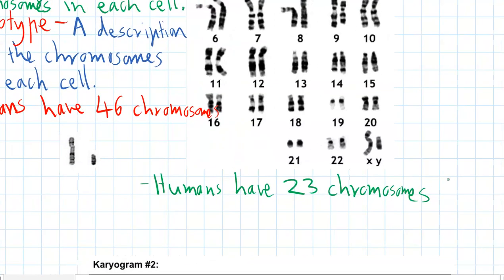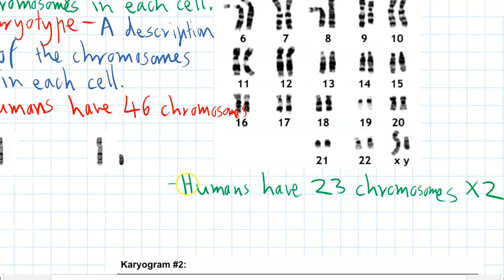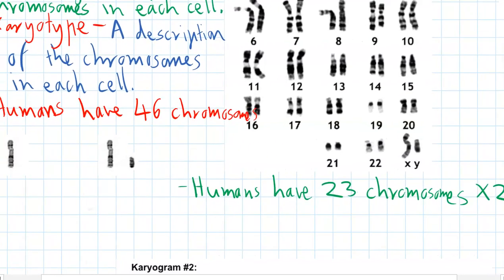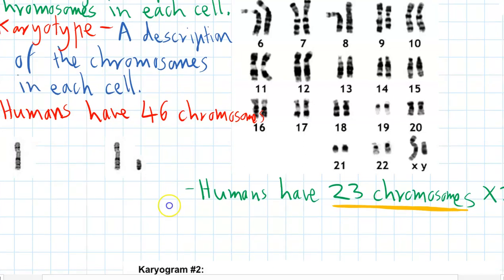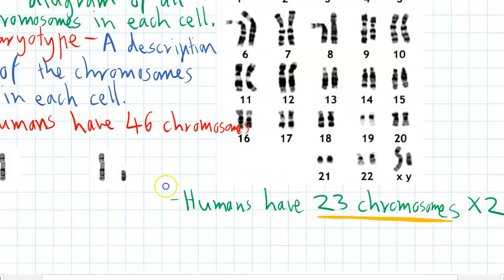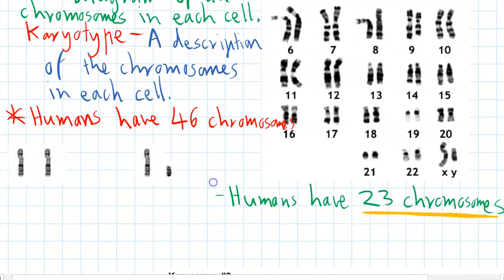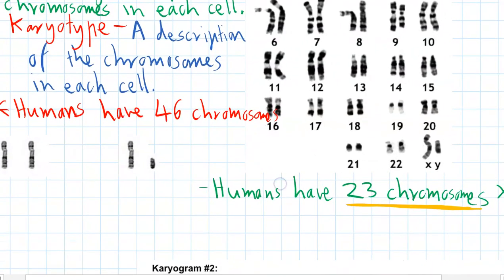So 23 chromosomes times 2. All the genetic information in a human is contained in those 23 chromosomes, but as we'll learn later on, we get one set of 23 from our mum and one set of 23 from our dad when we're made.